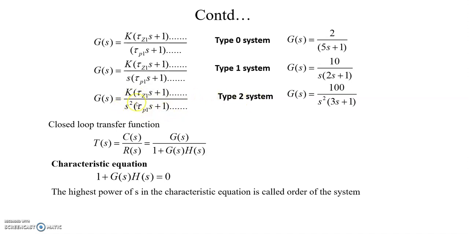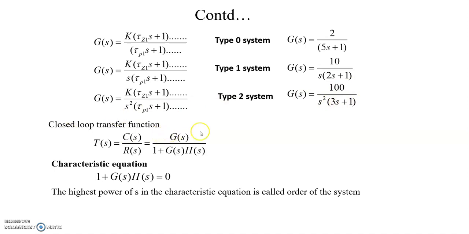Okay, so this is a second order system because s to the power of 2 gives the number of poles located at the origin. Okay, so that is nothing but the type of the system. So this is the example for type 2. G of s is equal to 100 by s square into (3s plus 1).